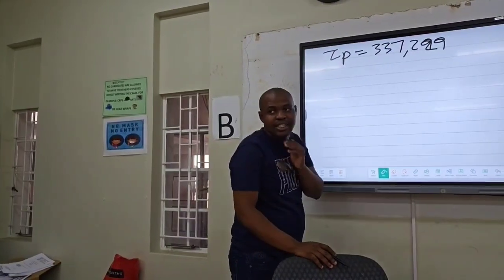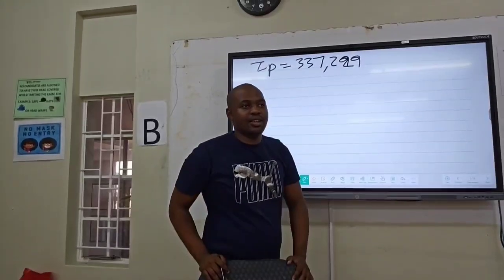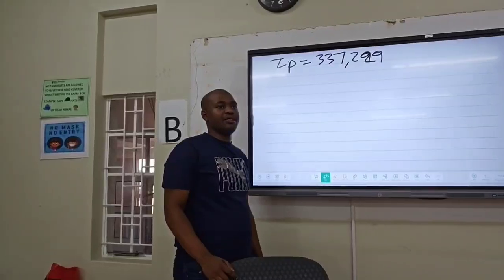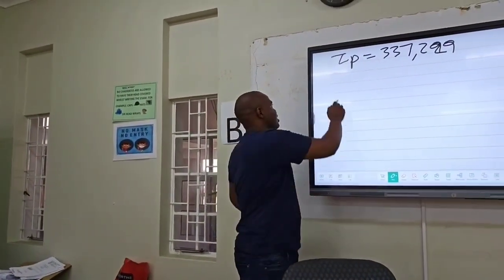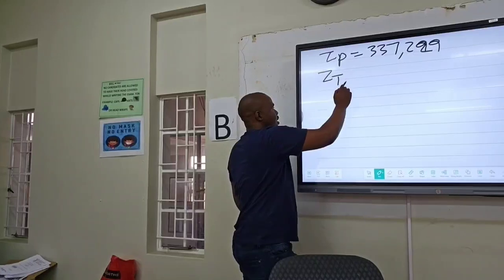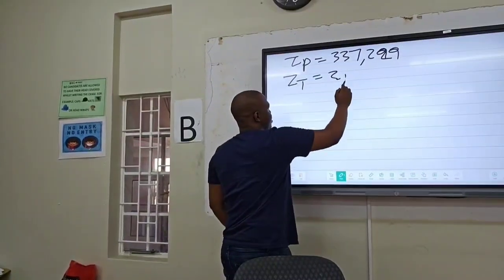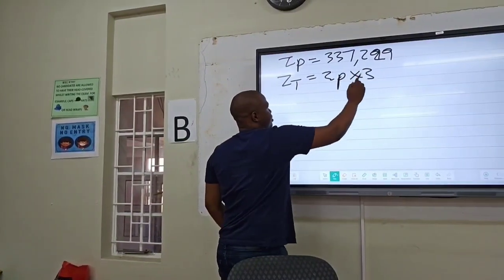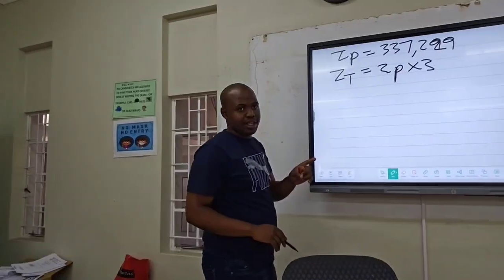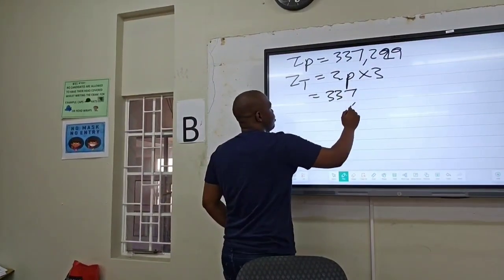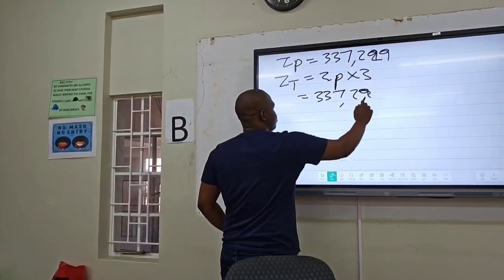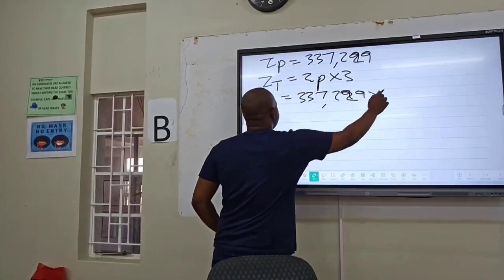That is the conductors per phase. In order to get the total conductors, I need to multiply conductors per phase by the number of phases, by 3. So it is 337,229 times 3.